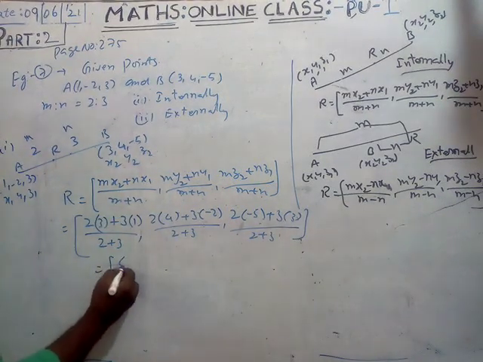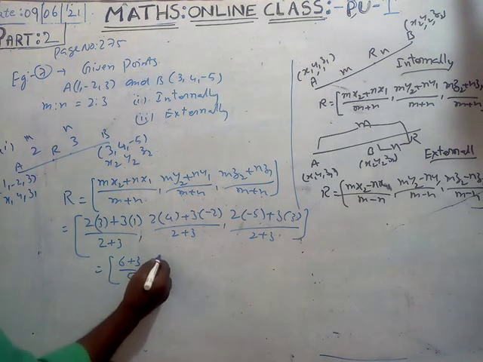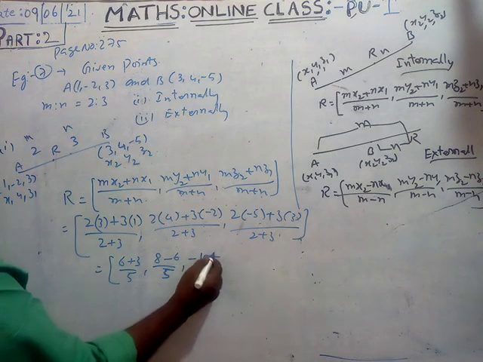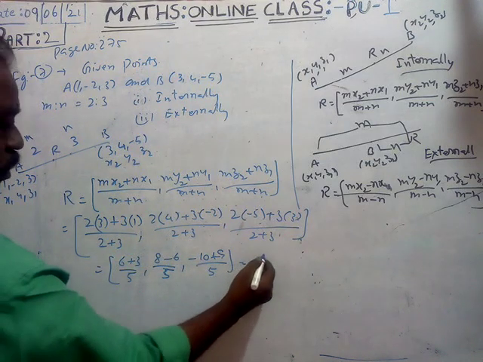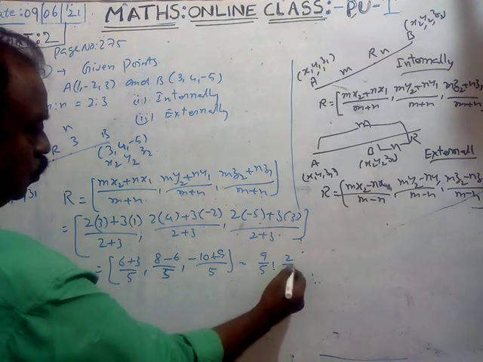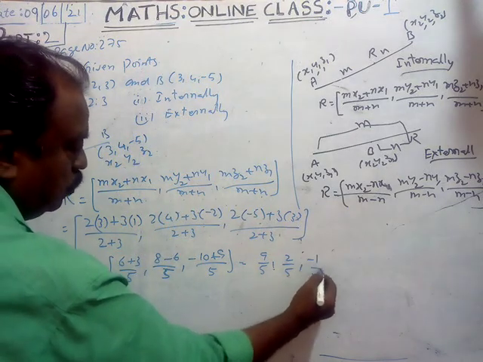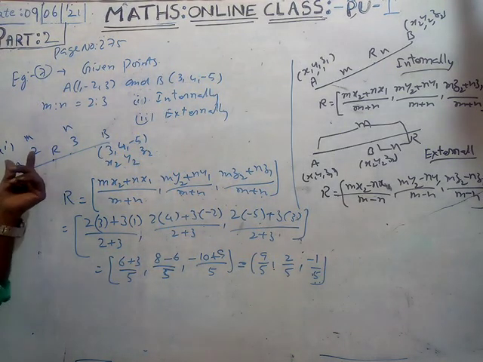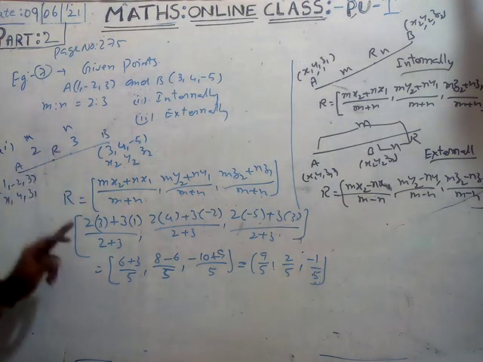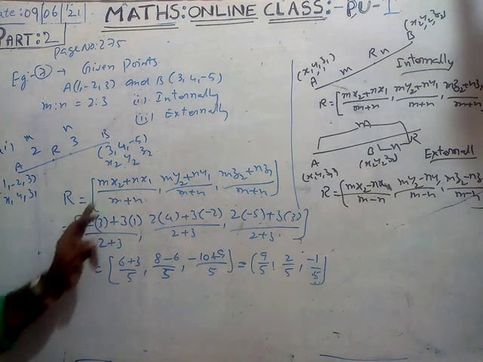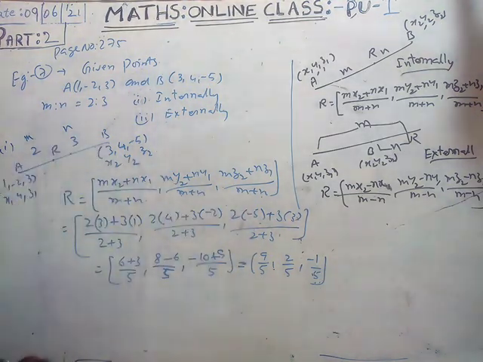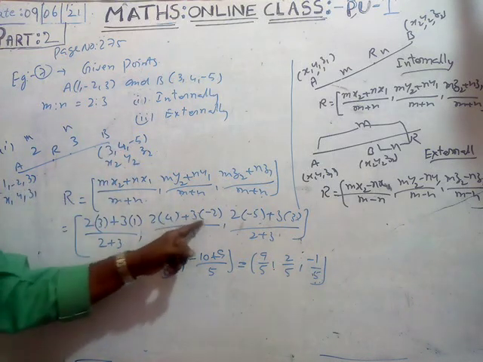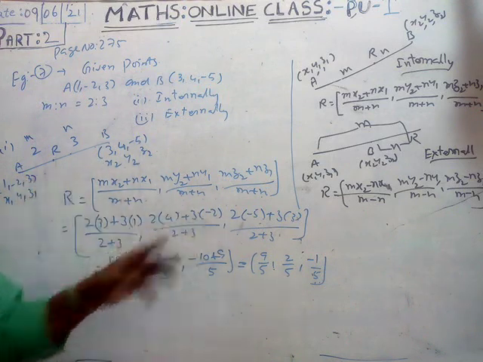It is 9 by 5, 8 minus 6 by 5, and minus 10 plus 9 by 5. So it is 9 by 5, 2 by 5, and minus 1 by 5. It is only arithmetic; you apply the formula. M is 2, n is 3, with x2, x1, y2, y1, z2, z1.